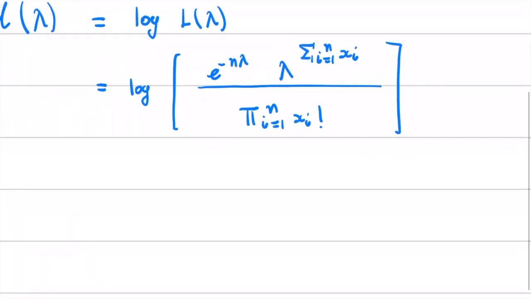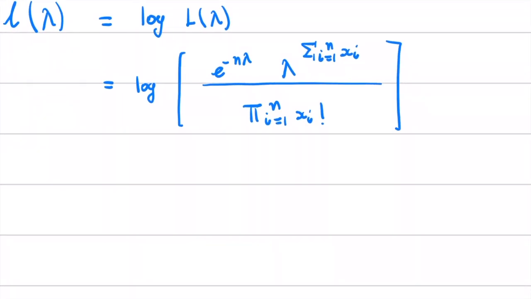Now we're going to continue here a little bit, and we're going to say, well, how do we simplify this? Well, we're going to use some of the log laws that we've encountered before, and remember, the log of a product is the sum of logs. We're going to use things like that. So here we've noticed that there's log e to the negative n lambda here. So first we're going to use the log laws.